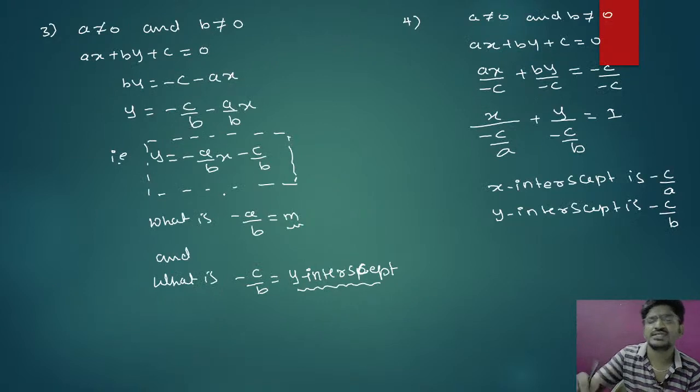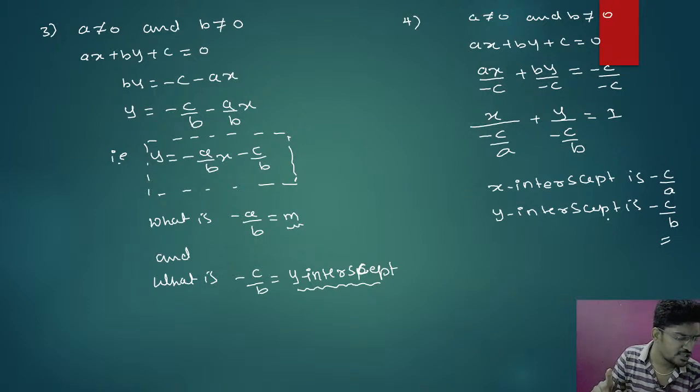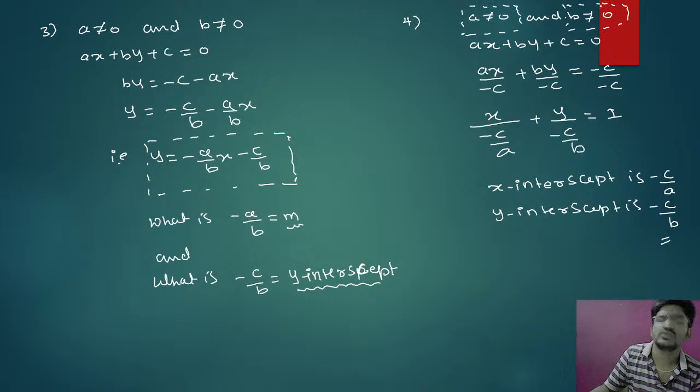So here you can see, y-intercept is minus c by b. But my dear students, please remember one very important point. This is called y-intercept if and only if a is not equal to 0 and b is not equal to 0. Clear?